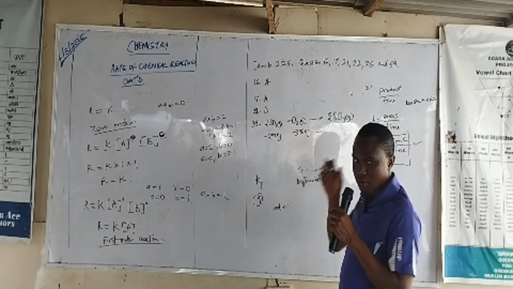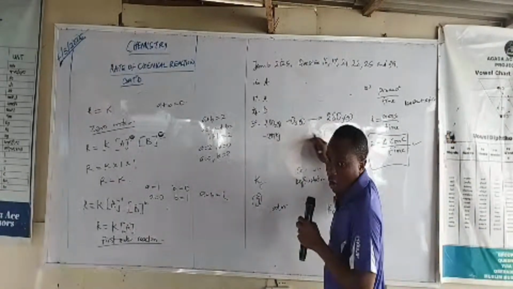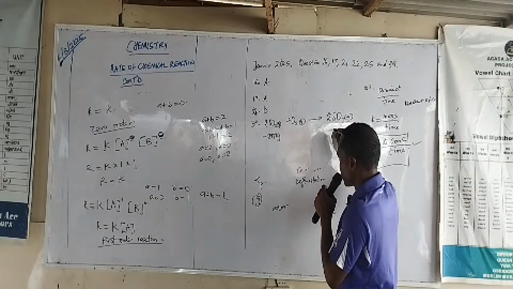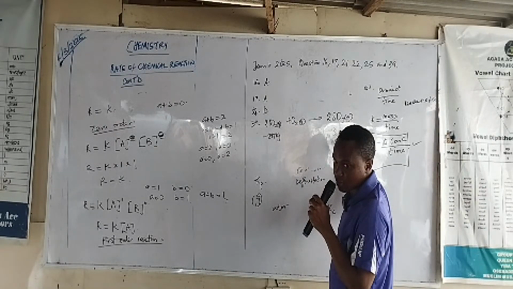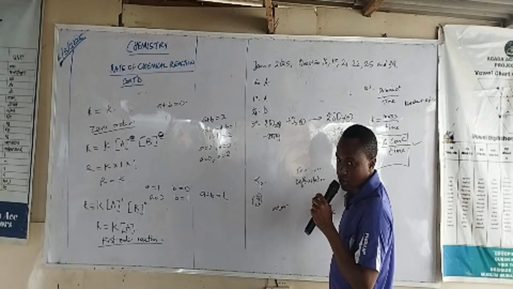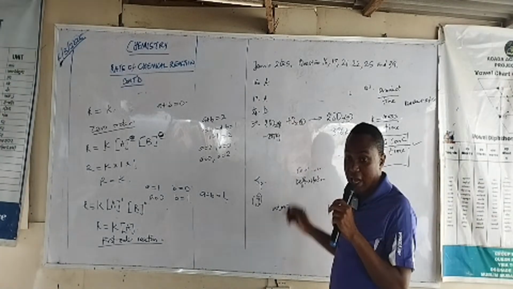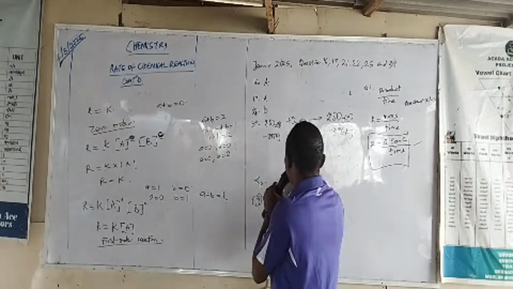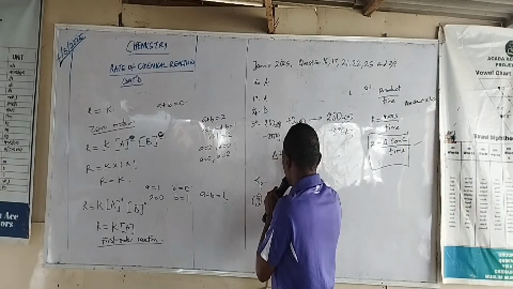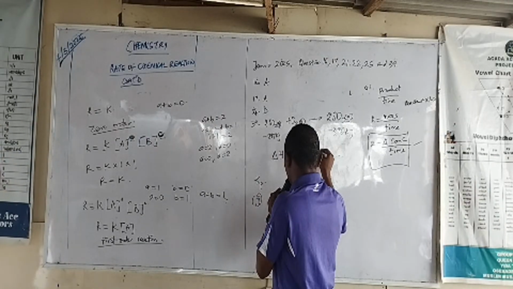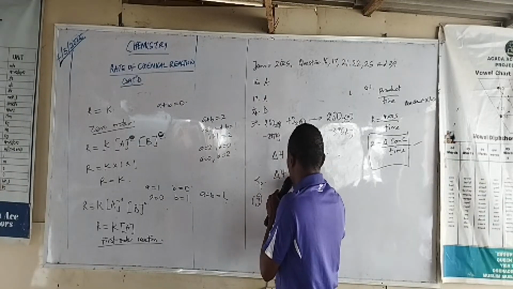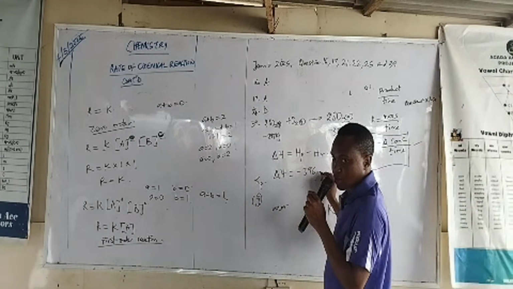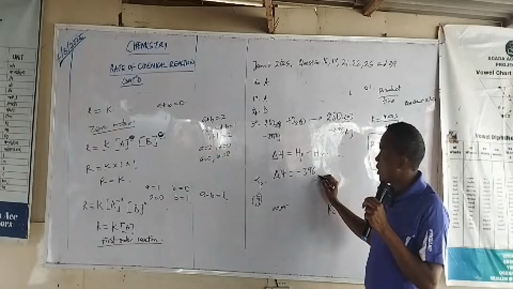Is that how you find the heat change? Now remember that heat change is heat of products minus heat of reactants. What's the heat of product here? 396, right?